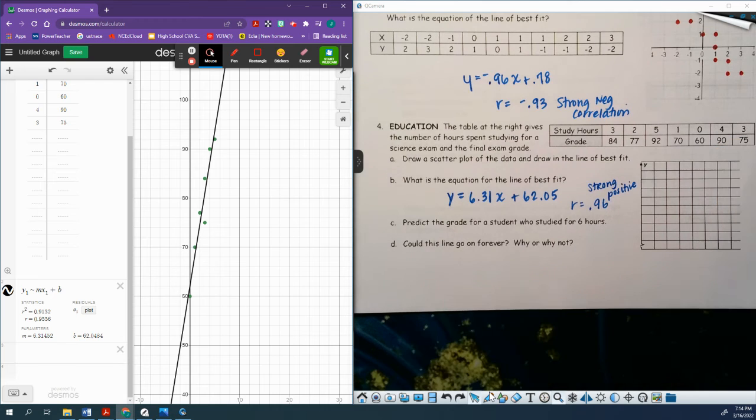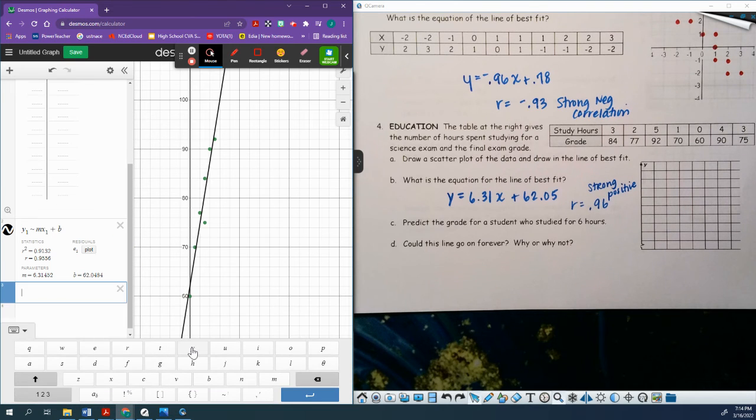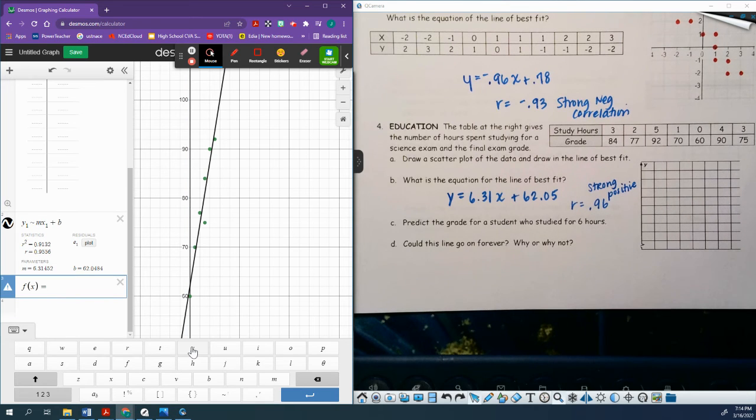Predict the grade for a student who studied for 6 hours. So I can go right below this again, and I'm going to type in my equation, which we get from that data like we just wrote. We're going to use f of x equals 6.31x plus 62.05, and again, that's coming from the data right above it.